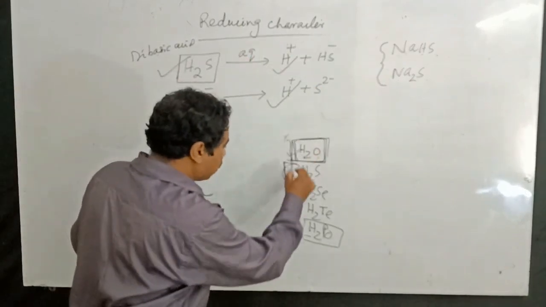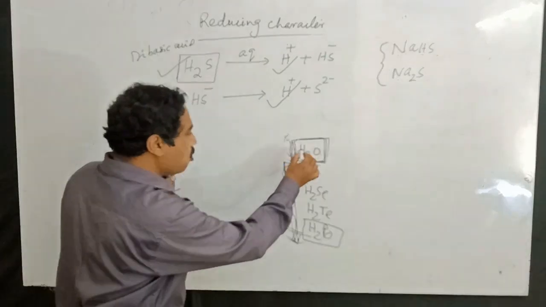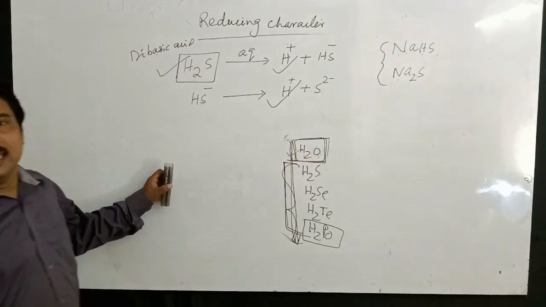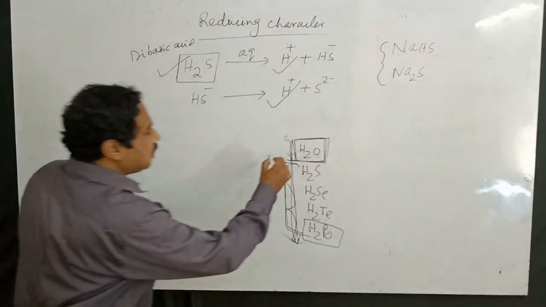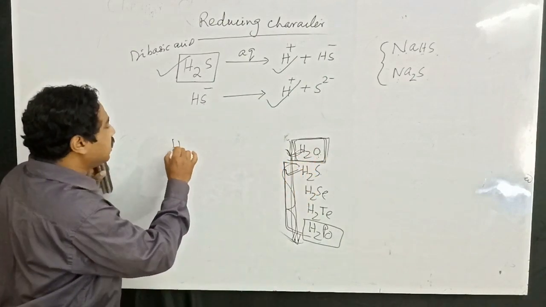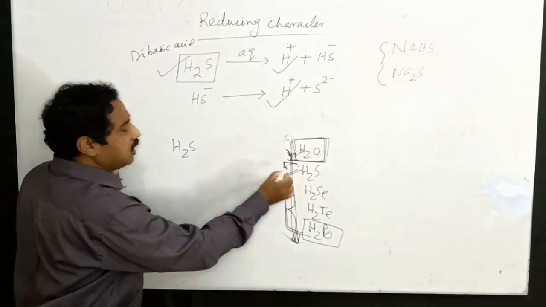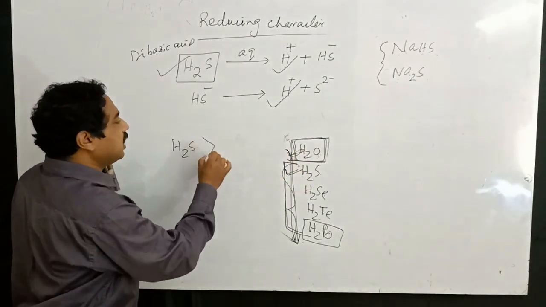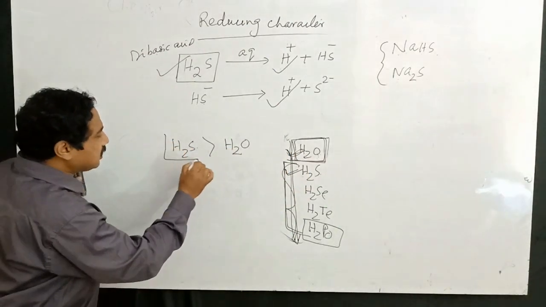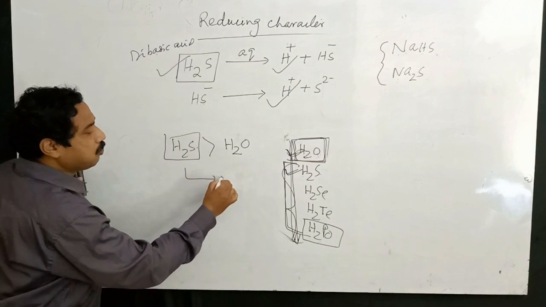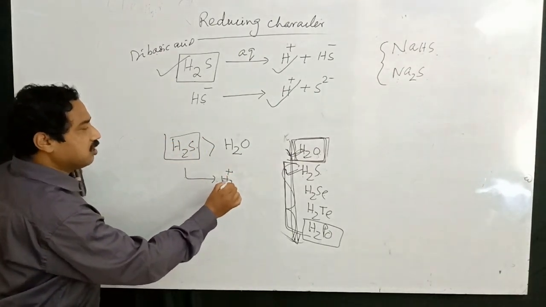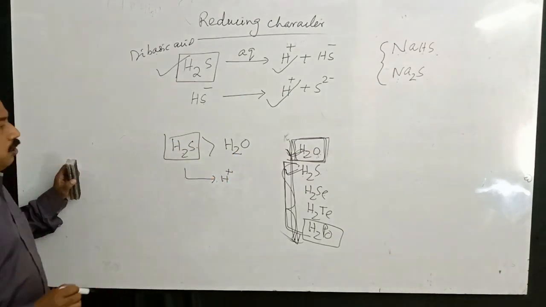The acidic character of these hydrides, if you go from H2O and H2S to H2Po, gradually increases. That means between H2O and H2S, H2S is stronger in acidic character than H2O. H2S can easily supply H plus ions, or more H plus ions, as compared to H2O.